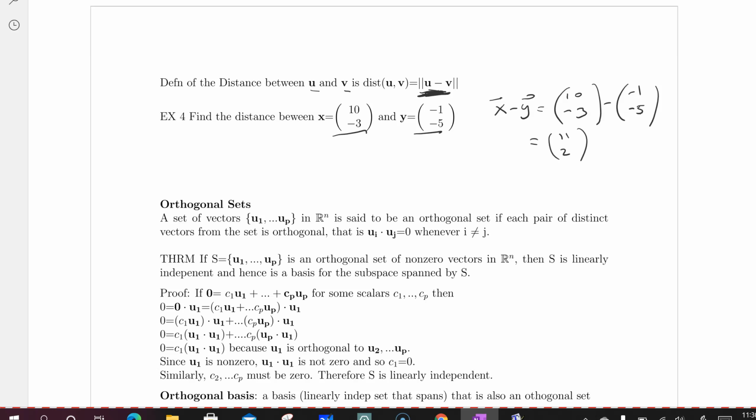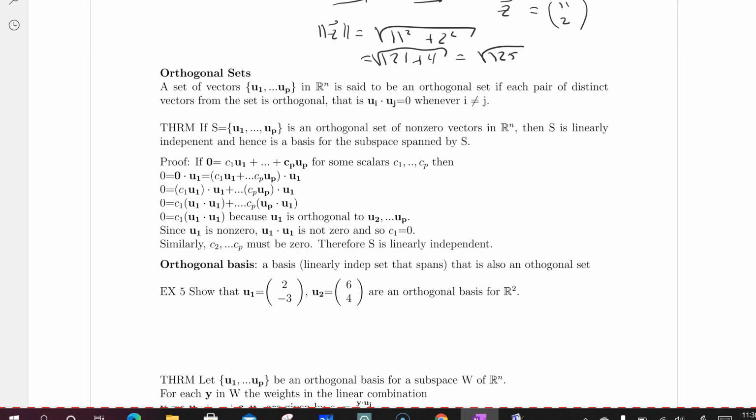Then I want to find the length of this vector x minus y. I'm just going to call it z for a second. The length of that vector z will be the square root of 11 squared plus 2 squared. So that's 121 plus 4. So the square root of 125. Well, let me stop it there.